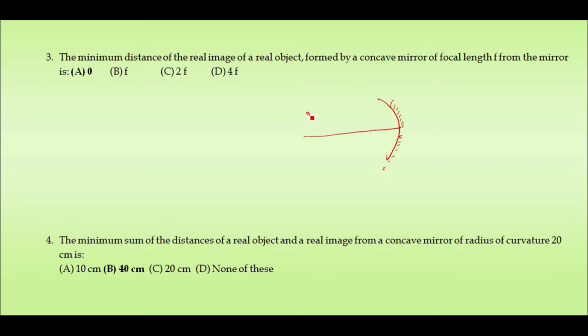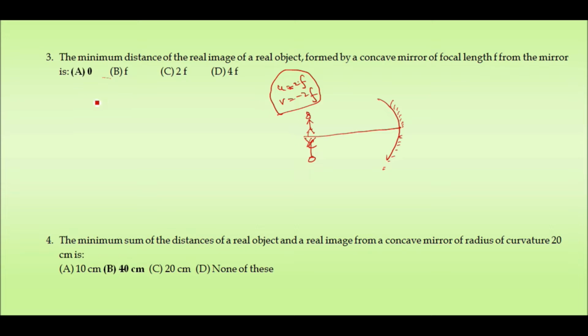As we know, if the object is placed at the center of curvature, then its image is formed at the center of curvature, and it is an inverted image. The size of the image is equal to the size of the object, and in this case u is equal to minus 2f and v is also equal to minus 2f. So clearly in this case the minimum distance between the object and its real image is possible, and it is equal to 0. So the answer will be 0.